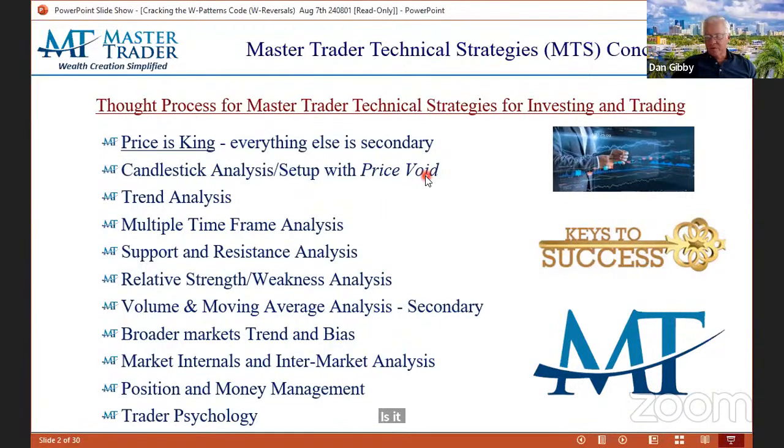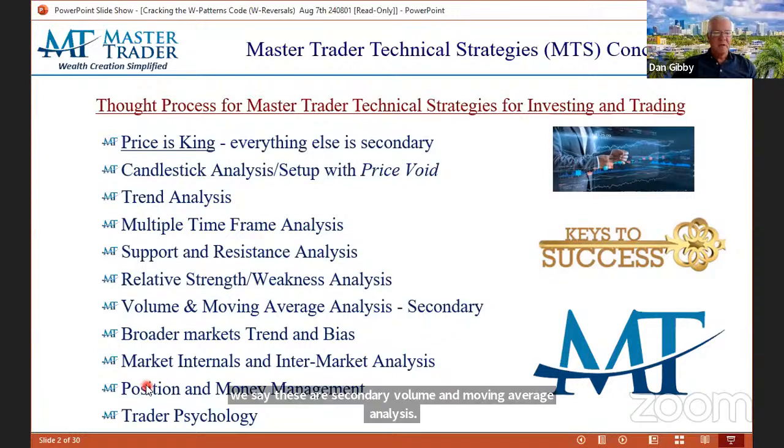And we've been doing these MT lives, 6.5 years now. So we do them on very specific subjects. So every single one on this chart, obviously, we've done MT lives on and many more. What are the broader markets doing? Market internals help tell us when we're at extremes.